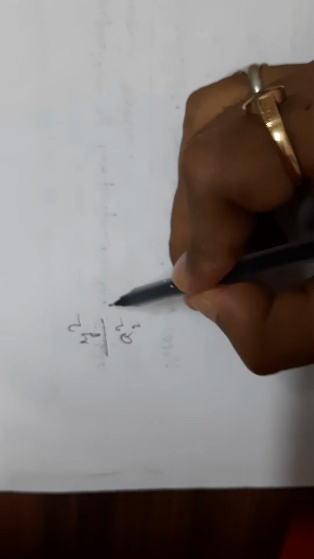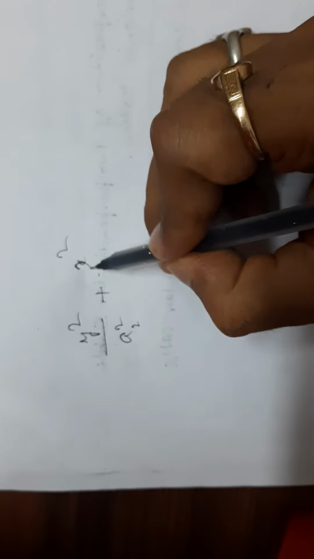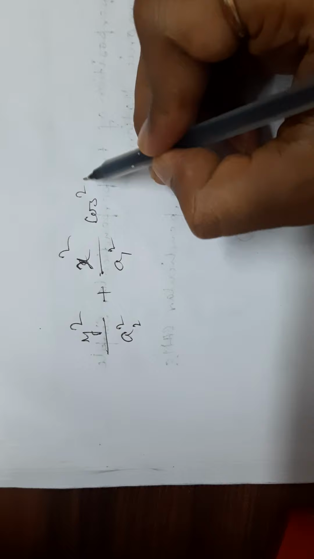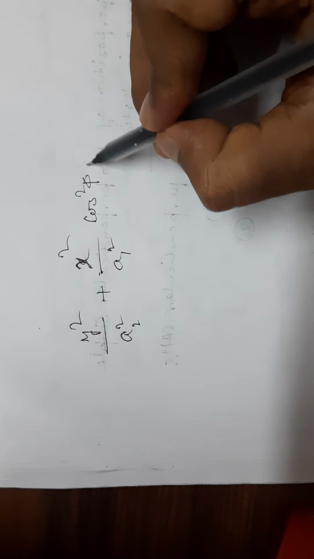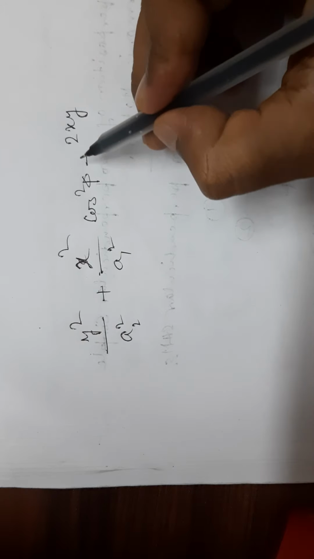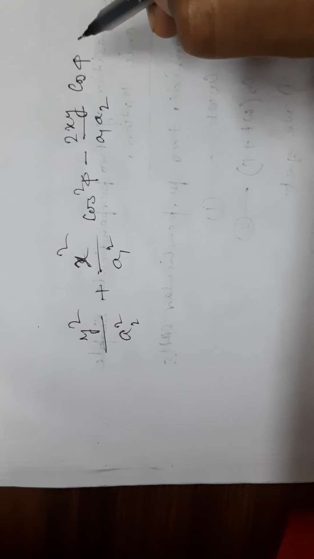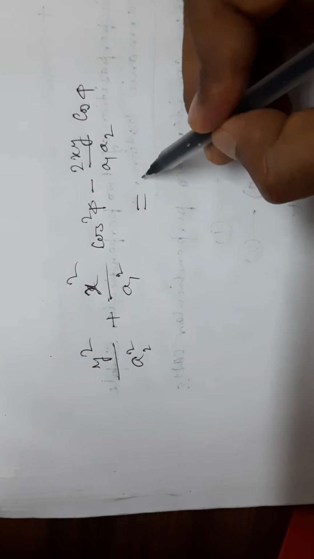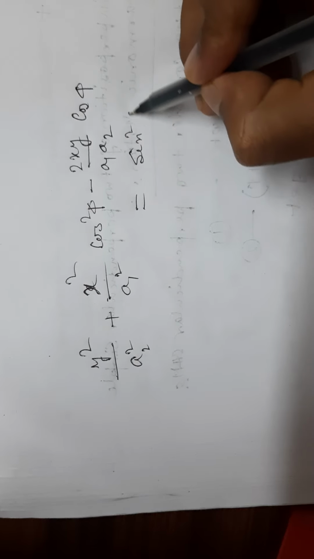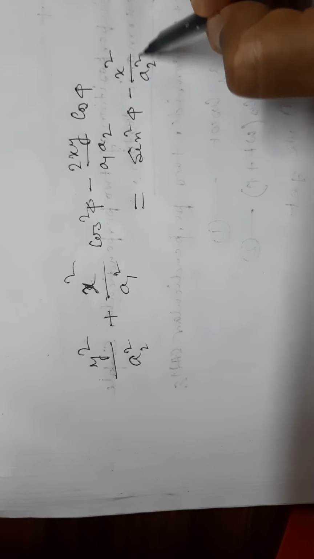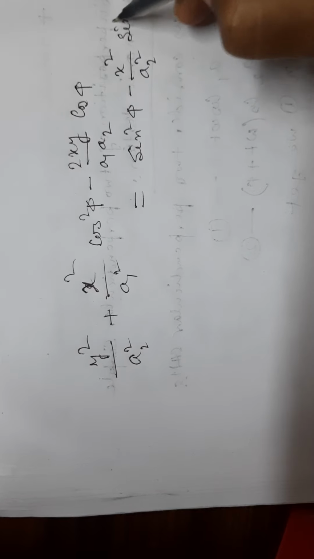We get y square by a2 square plus x square by a1 square cos square phi minus 2xy by a1 a2 cos phi equals sin square phi minus x square by a1 square sin square phi.